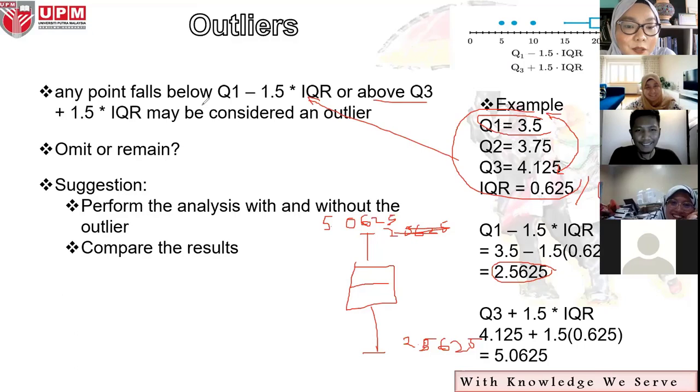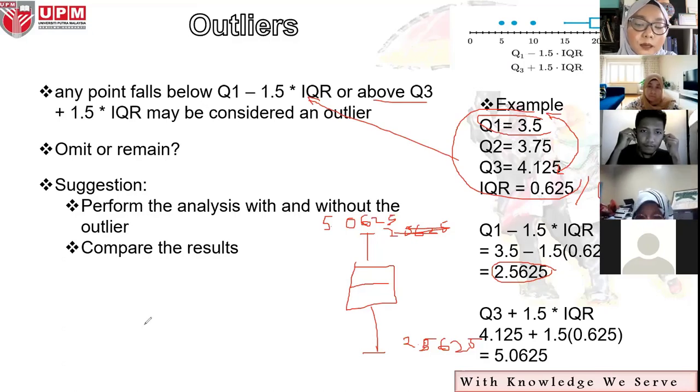Okay, so you have the two limits: 2.5625 and 5.0625. But just to ask, is it possible for us to get the value of 5.0625? Why, Fatin?